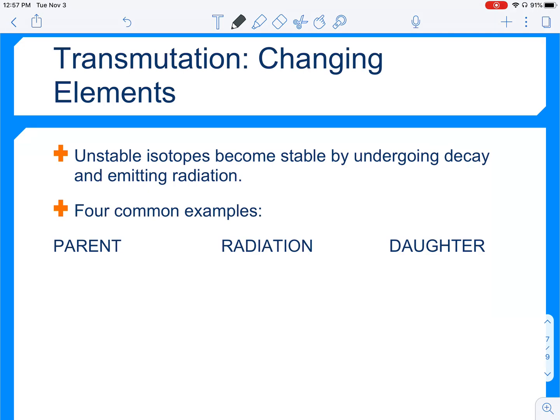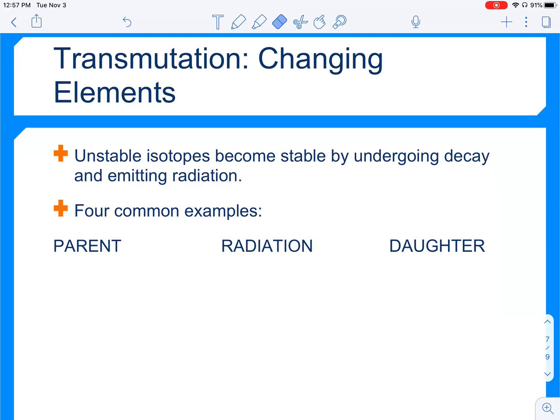It doesn't mean that the product of the decay is stable, it's just more stable than what it started with. And so this process of decay, and decay is a natural process when we generally talk about it, and it is a process of fission, which means a splitting of a heavier element into a lighter one, or a breaking down. Unstable isotopes will have a tendency to become stable by undergoing decay and emitting radiation.